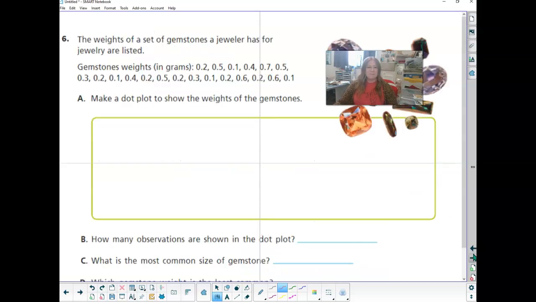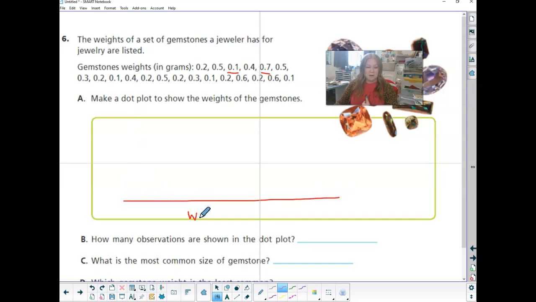Yay me. Okay, and number 6 tells us that a set of gemstones, their weights are listed. So we go anywhere from, it looks like our lowest is 0.1 up to 0.7 tenths, okay? So we're going to make our dot plot here.